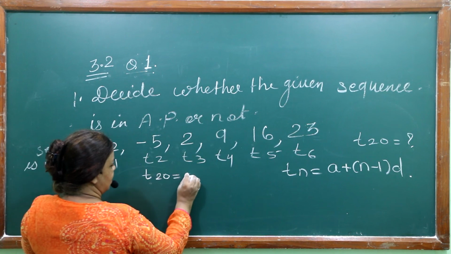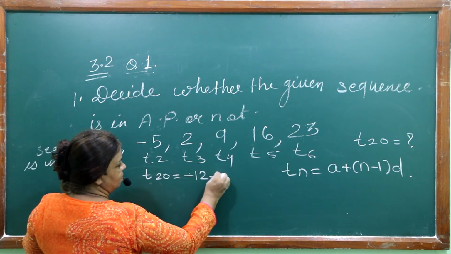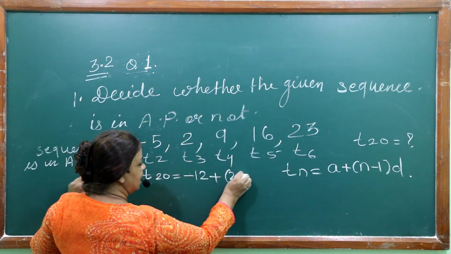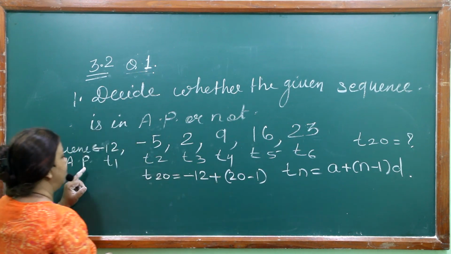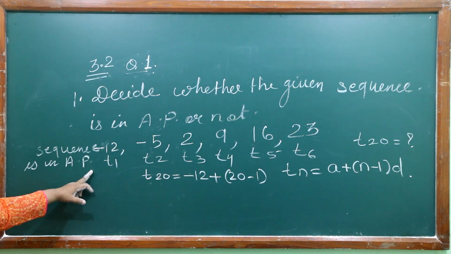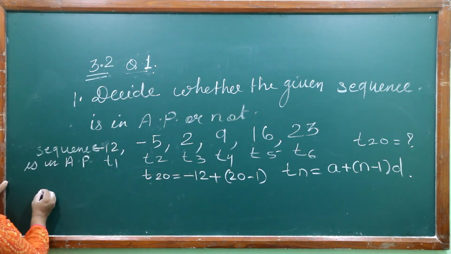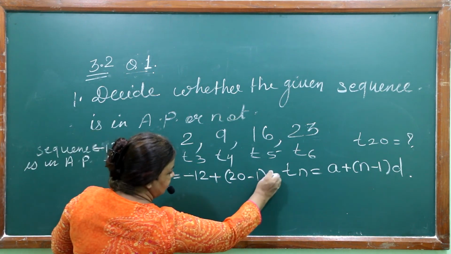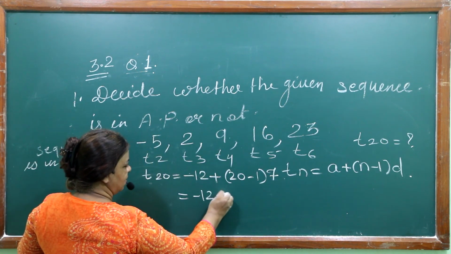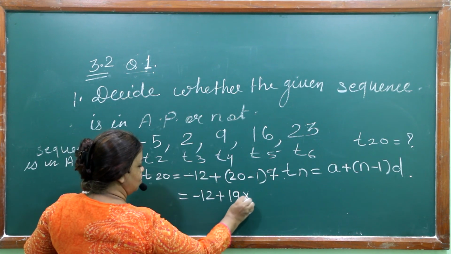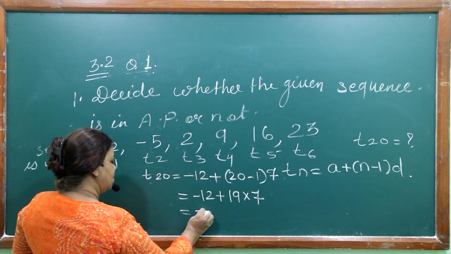So minus 12 plus (20 minus 1) into D. Let us find the common difference. The common difference we have got is 7. So minus 12 plus 19 into 7.